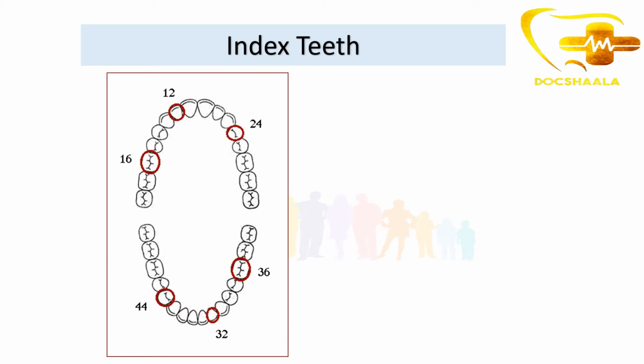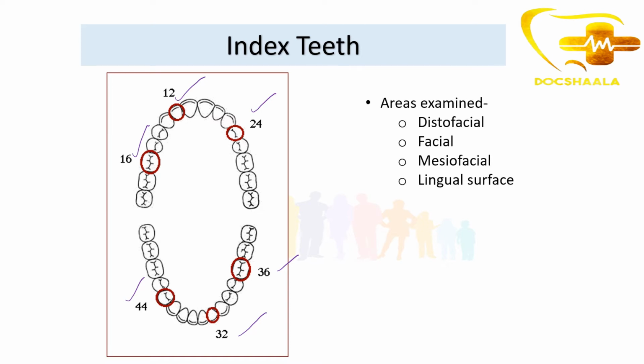In the maxilla, as we can see in the image, 16, 12 and 24. So we take one molar, one lateral incisor, and one premolar. In the same way, in the mandible, we take 36, 32 and 44: one molar, one lateral incisor, and one premolar.